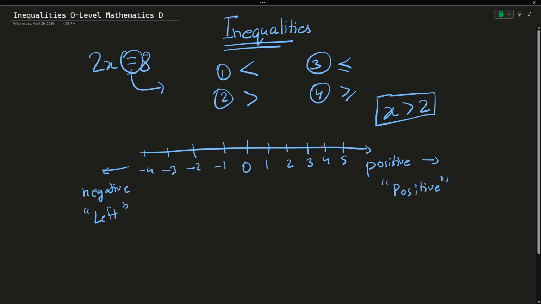So if you wanted to represent it on the number line, you first of all circle the point on the number line and then draw a line based on the inequality sign. Now the inequality sign said that the possible solutions of x will be any number that is greater than 2. So you will shade the number line that is on the right of your point.